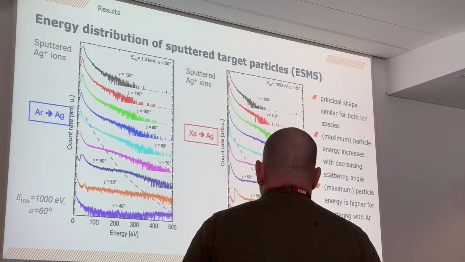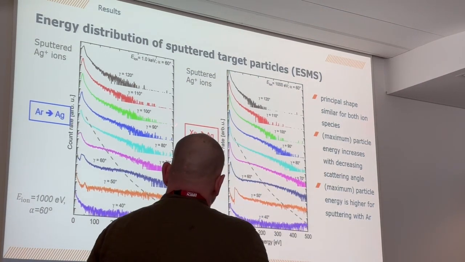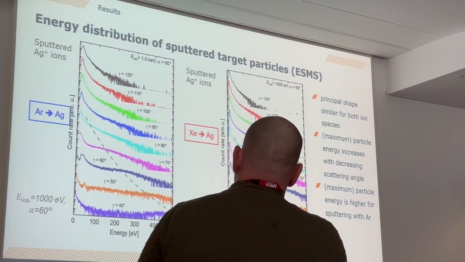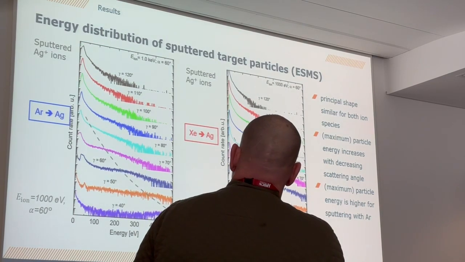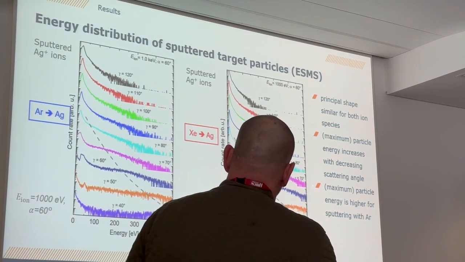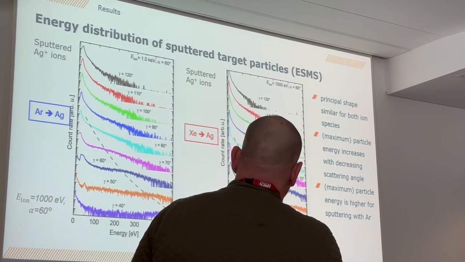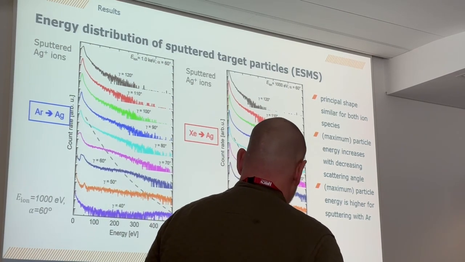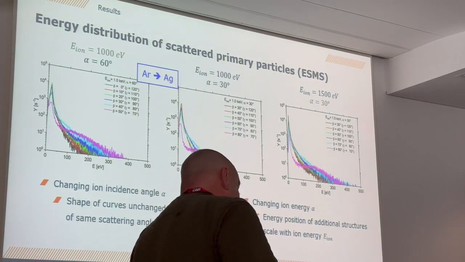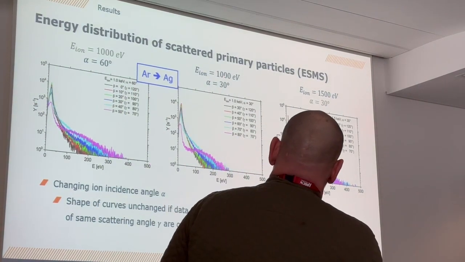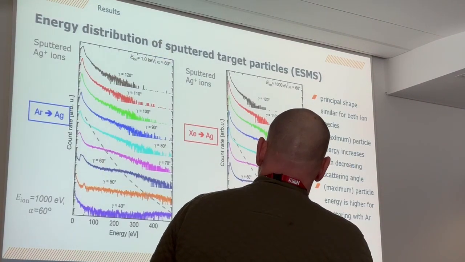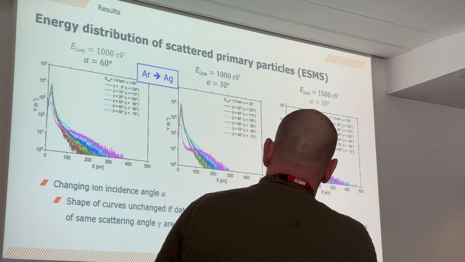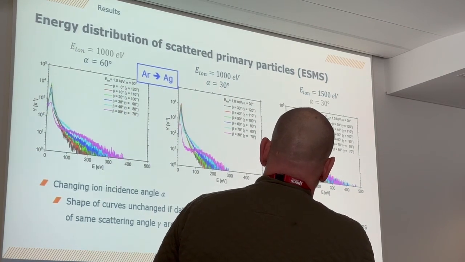So what happens if you have argon and silver, or xenon and silver, the same experiments, the same curves, and what you see is basically the same. Okay, the tail extends a bit more to higher energies, but the shape is principally the same. Now we can also change the ion energy. So you have here the same curves as here, now in one picture, 1000 electron volts, 30 degrees incidence angle.